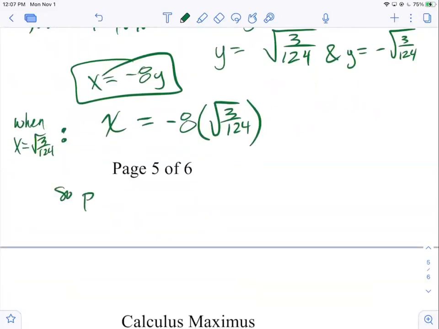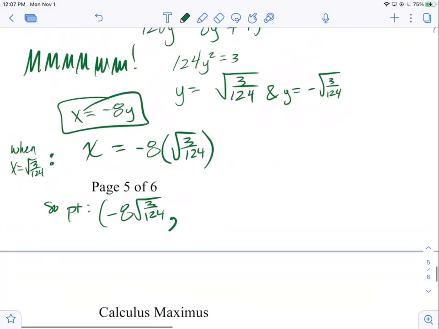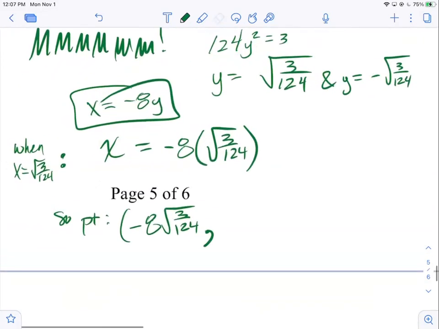So the point is going to be negative 8 square root of 3 1/24, comma, the y value you plugged in. I'm sorry, when y equals, square root of 3 1/24. And then you do the same thing when y equals the negative version, and you're going to get a positive answer.